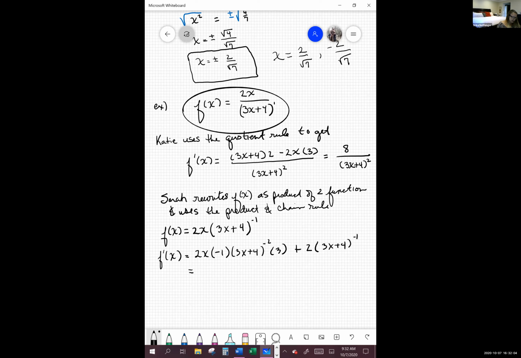So she simplifies and says this is the same thing as 2 all times (3x plus 4) to the -1 minus 6x all times (3x plus 4) to the -2.